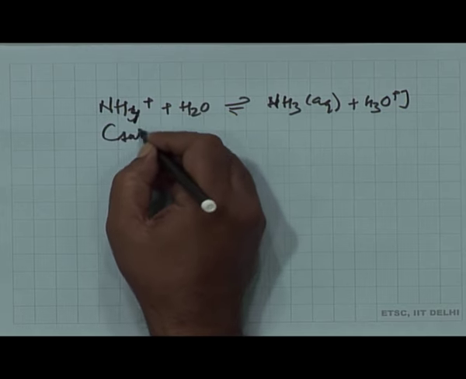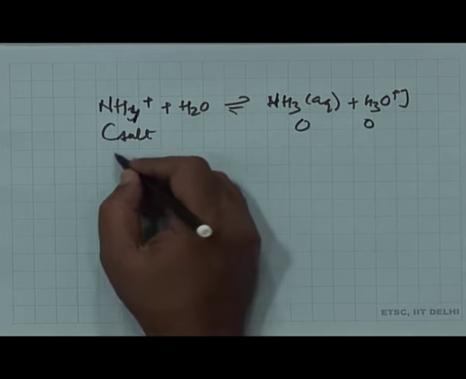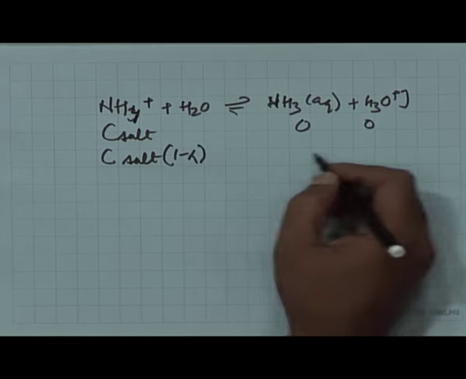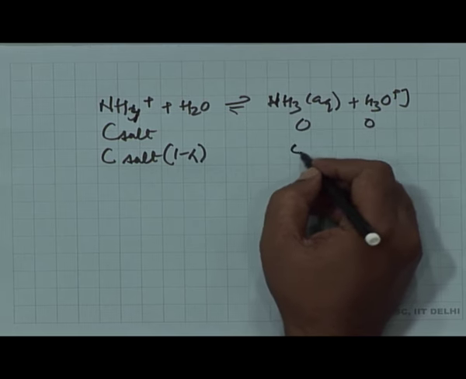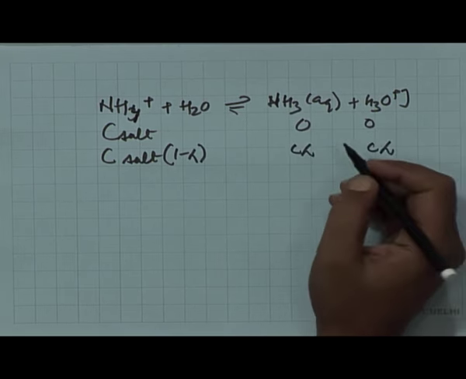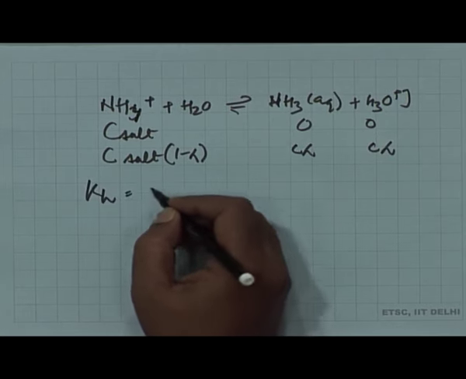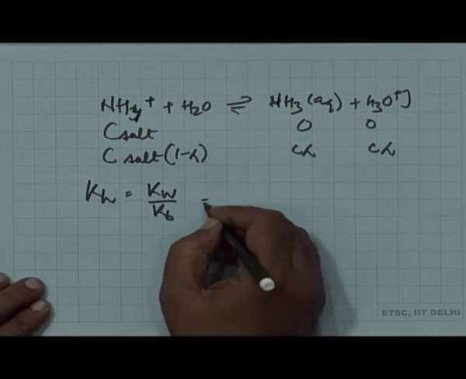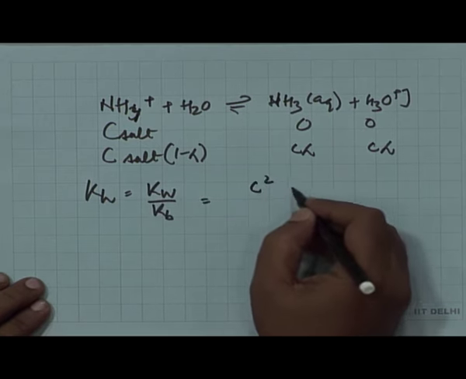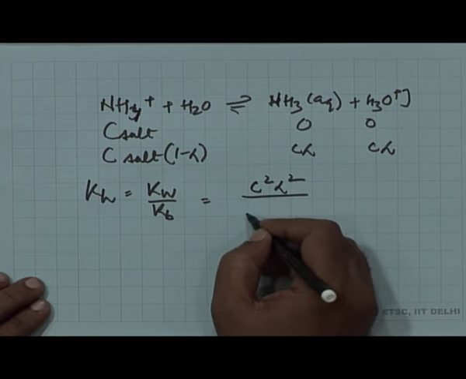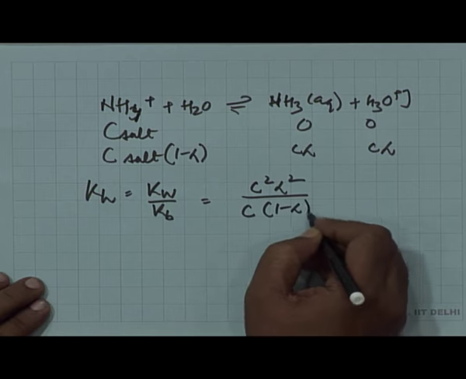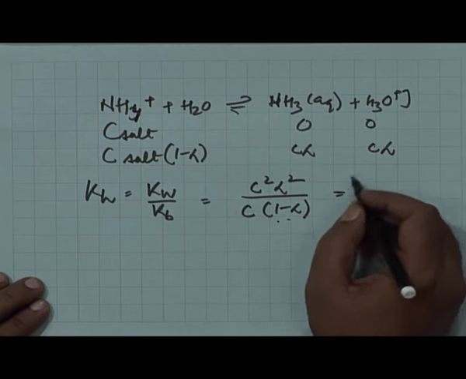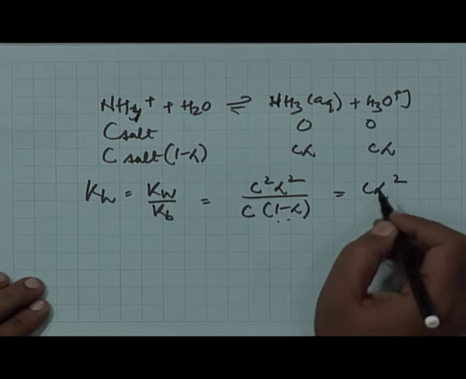Initially, you have C, 0, 0, and at equilibrium this is C into 1 minus alpha, and this is C alpha, and so Kh, which is nothing but Kw by Kb, which we just calculated, is equal to C square alpha square divided by C into 1 minus alpha, and if alpha is quite small compared to 1, we can simply write C alpha square.